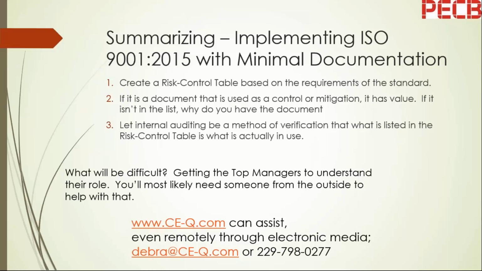If you have documents that are not on the list, then you've either overlooked a risk or the document is of no value. When internal auditing, use the risk control table as the criteria. And just a reminder that ISO 9001 2015 is a philosophical change in most of your organizations.